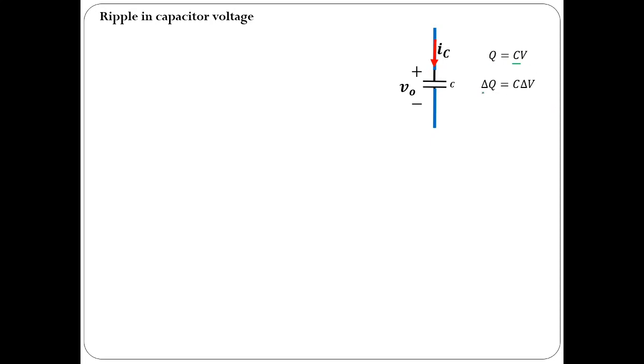This is the rise in the charge during positive current through the capacitor, or the fall in the charge during negative current, which is equal to C into the rise or fall in the voltage during the charging or discharging period respectively. Now let us try to find that.